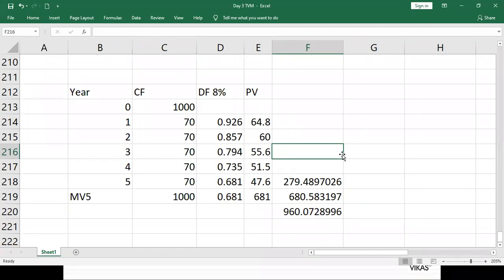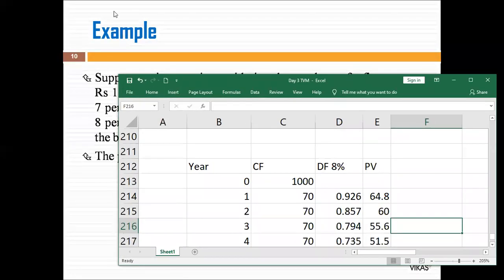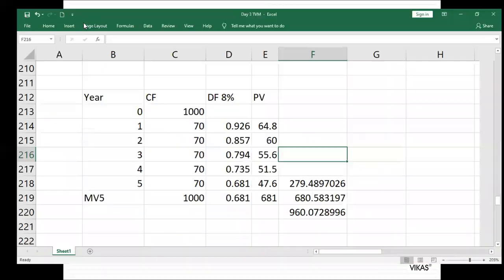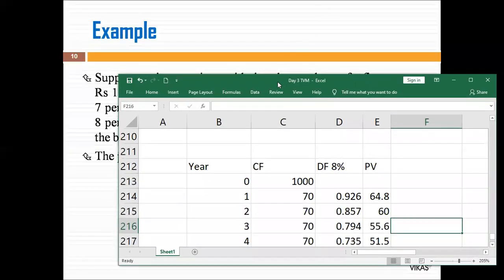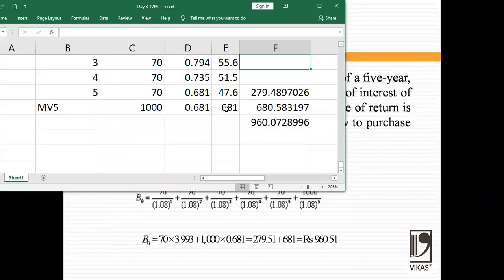Any questions? We have obtained the same answer. Here 960, here 960. Right?